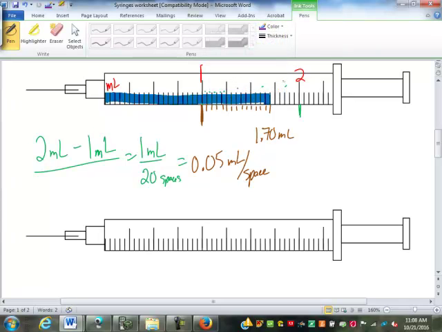Another way you could have approached it is you could have counted 1, 2, 3, 4, 5, 6, 7, 8, 9, 10, 11, 12, 13, 14 spaces. 0.05 times 14 is 0.7, and add that to the 1 that we were here at this last division. So 1 plus 0.7 is still 1.7.